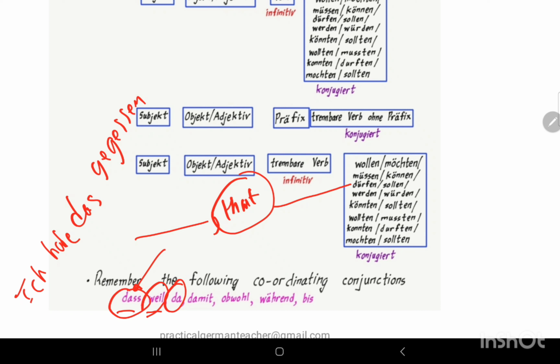Then what is the difference between weil, da, and then dass that we saw before? It's very difficult to answer this question right now, but it's very easy to understand with some analogy, right? Most of you, if you understand, that means you can speak English.